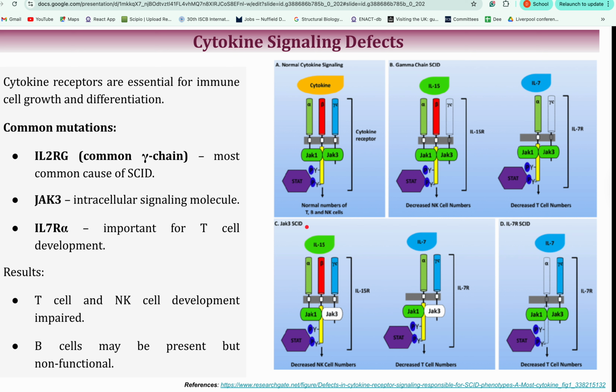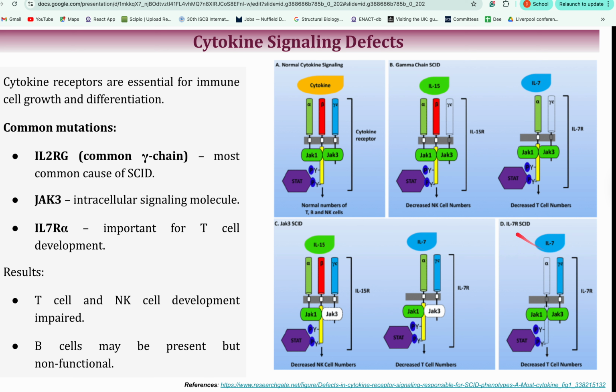And then comes JAK3 SCID. This is the intracellular signaling molecule, which is JAK3. If JAK3 is missing, then it will lead to decreased natural killer cell numbers in the case of IL-15. In the case of IL-7, if JAK3 is missing, it leads to a decrease in the T cell numbers.